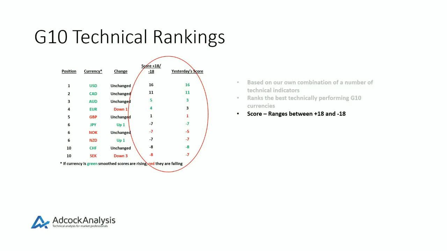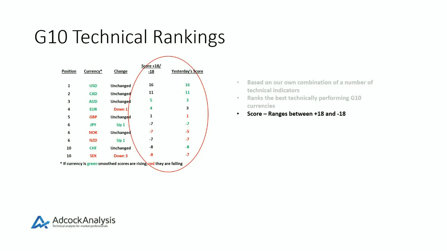Once we've calculated each individual technical indicator for that particular close, we obtain a score that ranges between plus 18 and minus 18. The more positive the number, the greater number of technical indicators are showing a constructive backdrop. The lower the number, the greater number of negative technical indicators are currently being seen, reflecting the risk of underperformance for that particular currency.